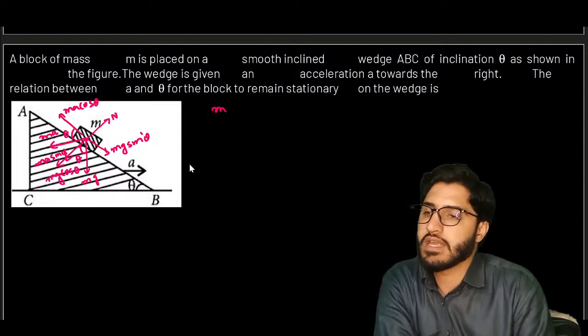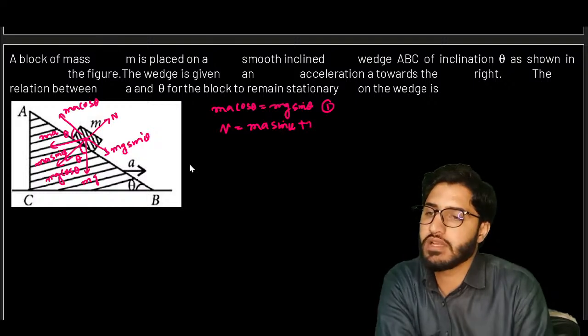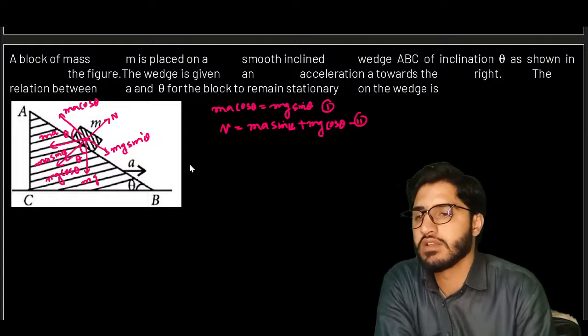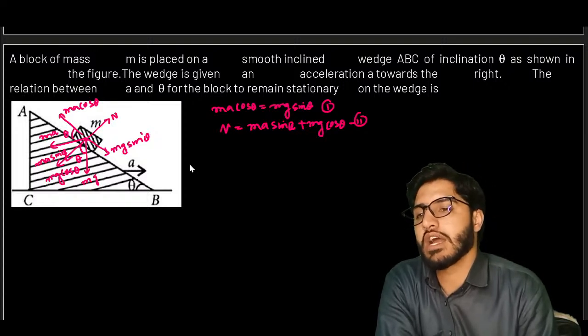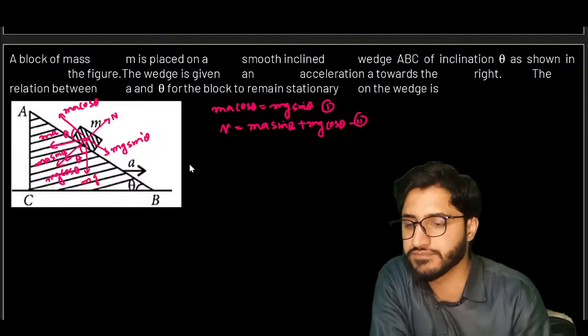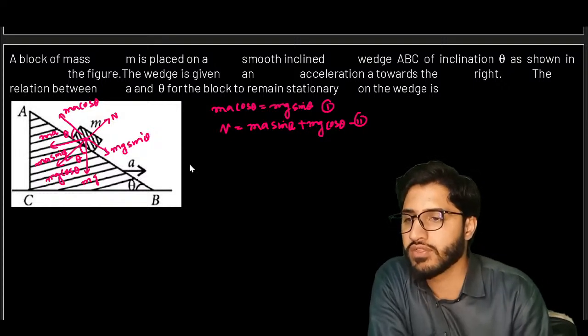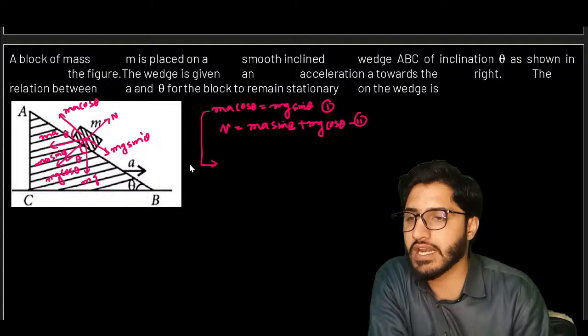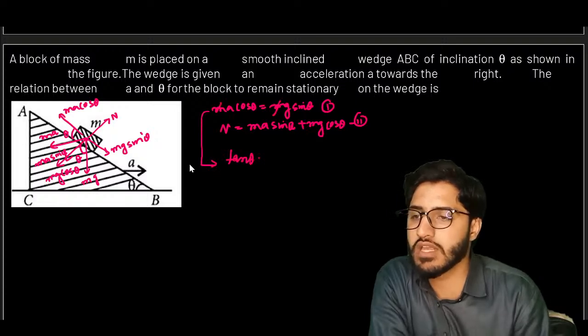So my MA cos theta should be equal to mg sine theta. The second equation is N equals MA sine theta plus mg cos theta. From this, m cancels out, so tan theta equals A by g.